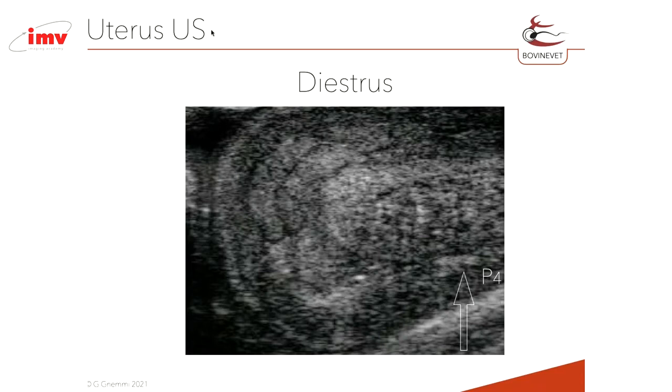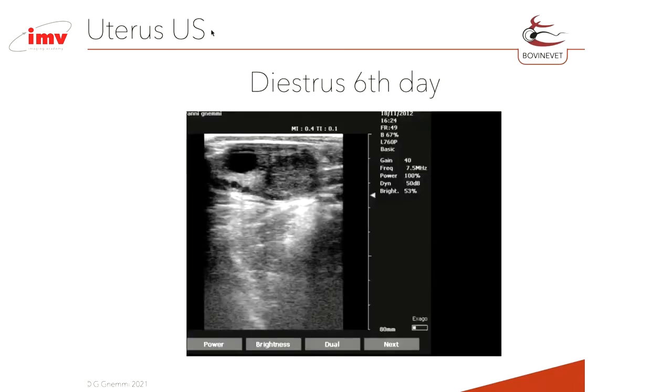Well, the characteristic of the diestrus is that the progesterone level increases. So we see that there is a bigger corpus luteum, and the characteristics of the uterus are typical of the diestrus. So the thickness of the myometrium and the thickness of the endometrium are similar, like the echogenicity. And if the cow is not dirty with an inflammation, for example, the space inside the lumen is a virtual space.